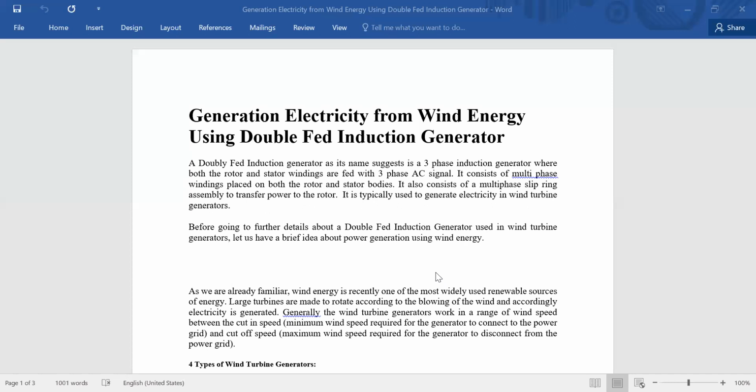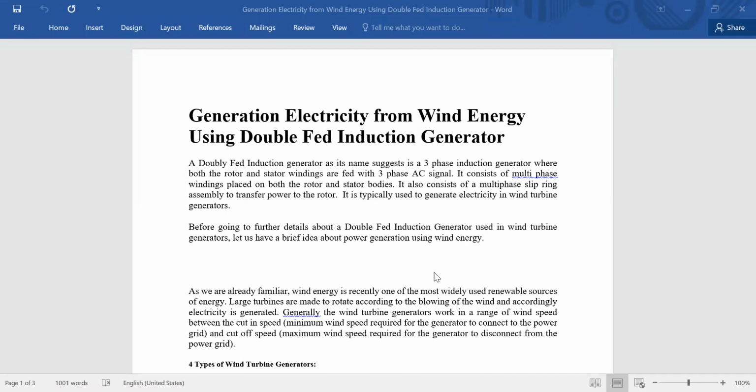Generally, when we are talking about wind turbine generators, they work within a range of wind speeds, between the cut-in speed and the cut-off speed.